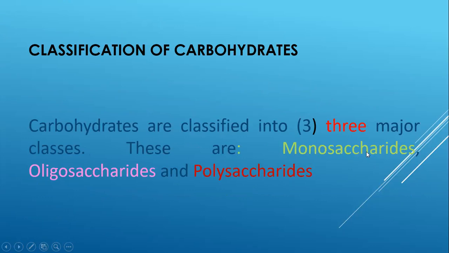So when you say monosaccharide, of course, you know that mono means one sugar. Oligo means few sugars, and poly, many sugars. So depending on the number of sugars present in a carbohydrate, it can be classified as mono-, oligo-, or polysaccharide.